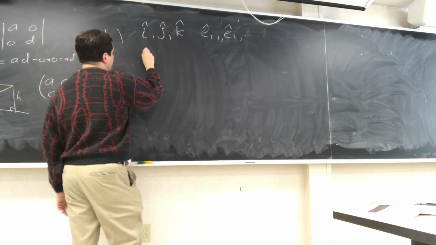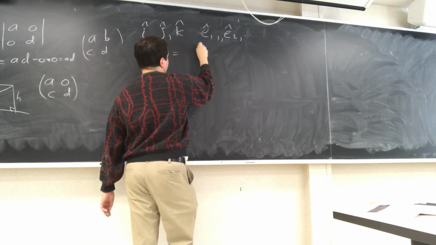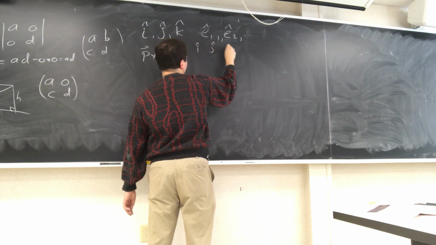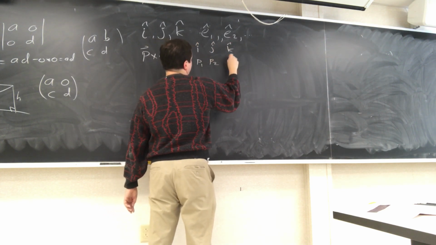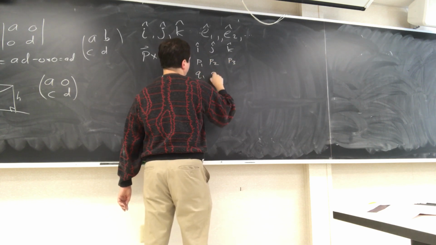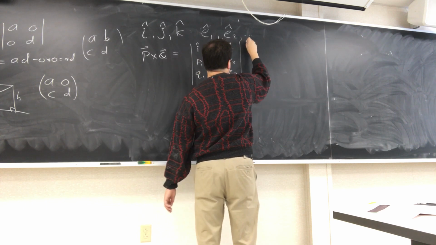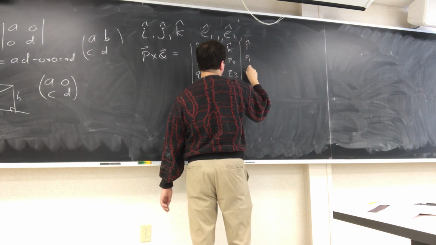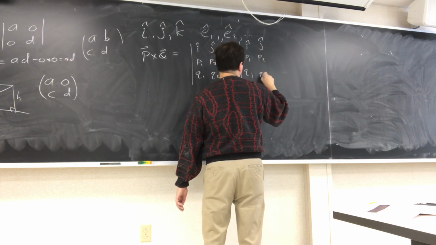So if I look at P cross Q, the way you calculate that is i hat, j hat, k hat, P1, P2, P3, Q1, Q2, Q3. You just have to do things very carefully. i hat, P1, Q1, j hat, P2, Q2.